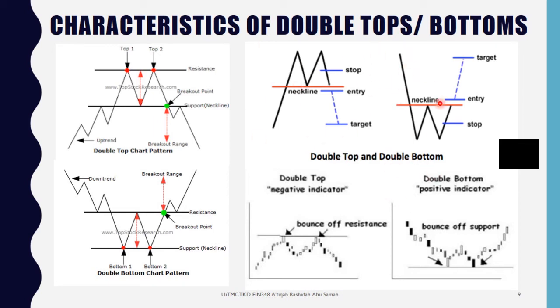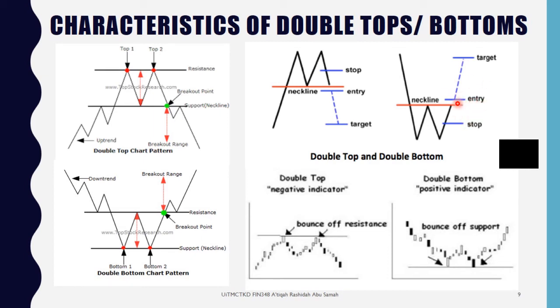Okay, for double bottom, this one is double bottom. The price, we call it bullish. A bullish reversal pattern. So if the price touches the neckline, or the resistance line, we may enter.